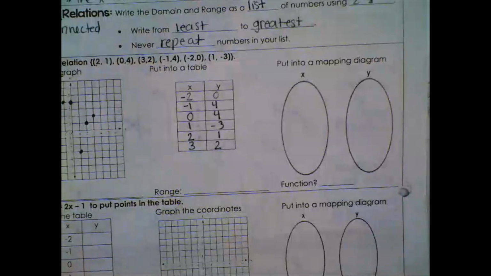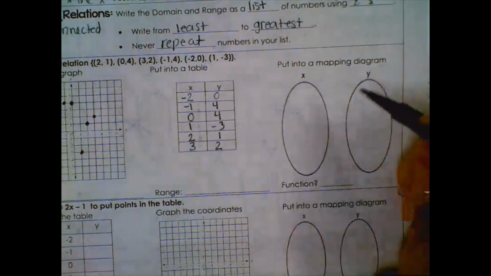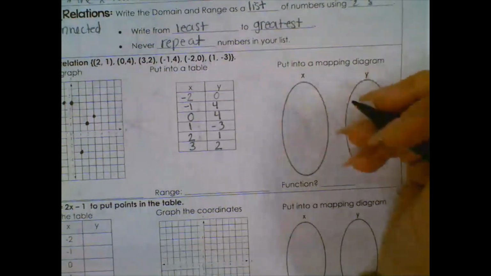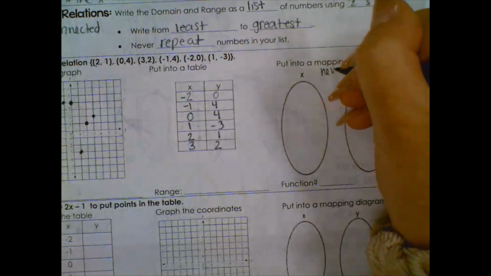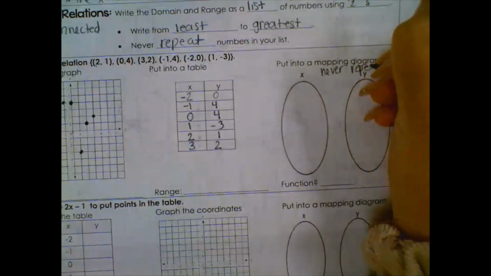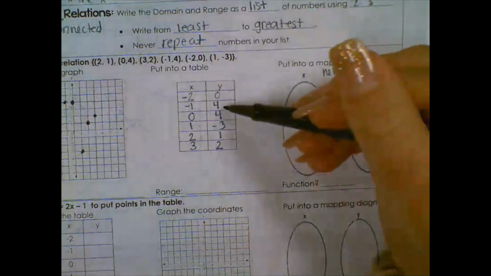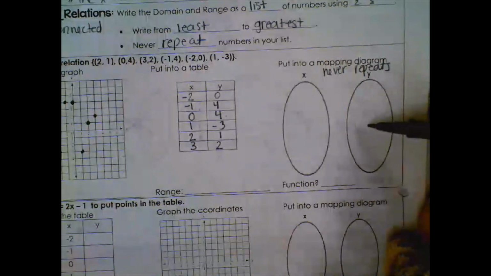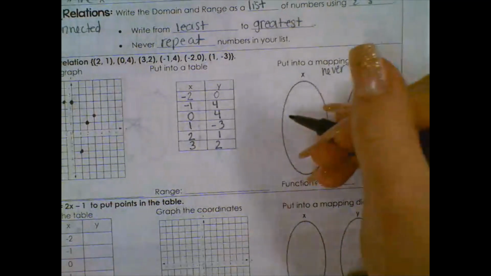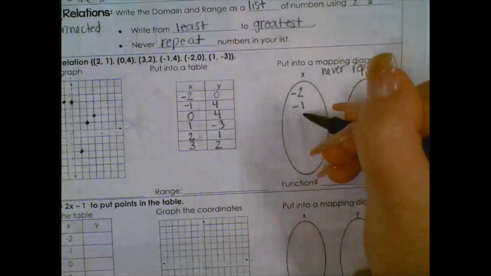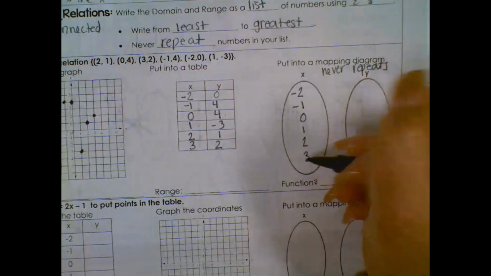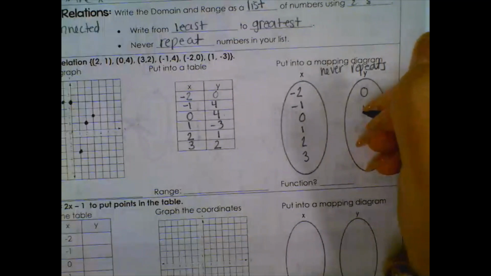Now, what we're going to do for our mapping diagram, one thing we have to be careful about is a mapping diagram also never repeats any values. So even though we see some of our outputs are the same, we're not going to repeat that when we list off our y. So I'm going to go ahead and list all my x's, negative 2, negative 1, 0, 1, 2, and 3. Then we have 0, 4.